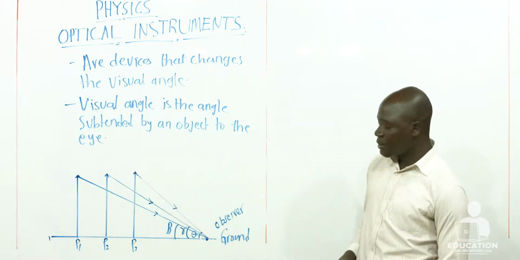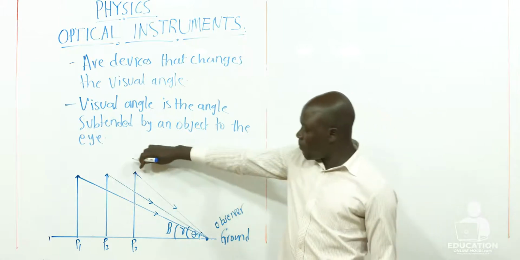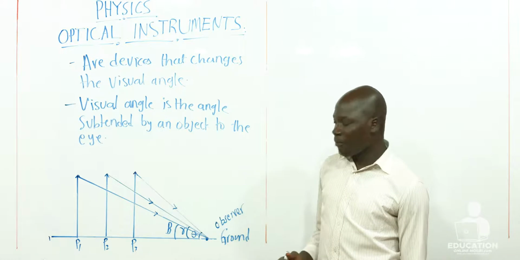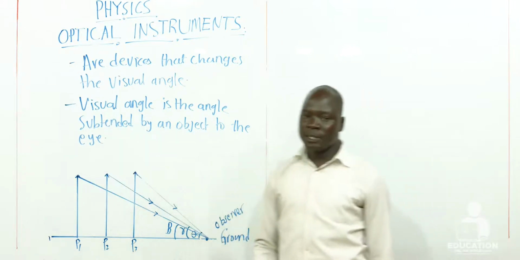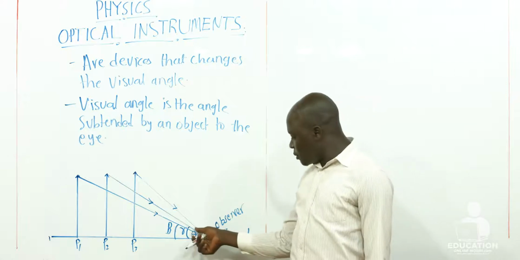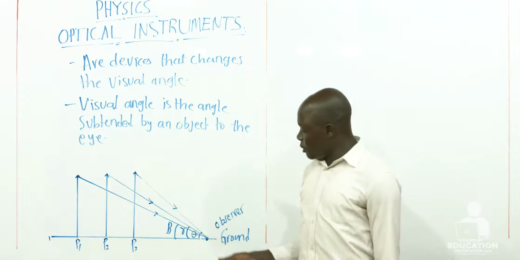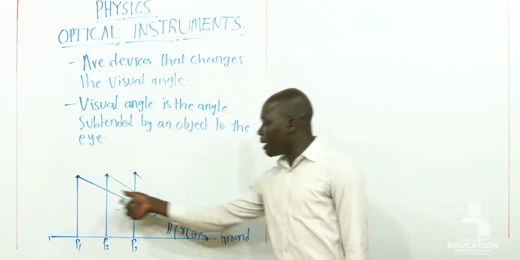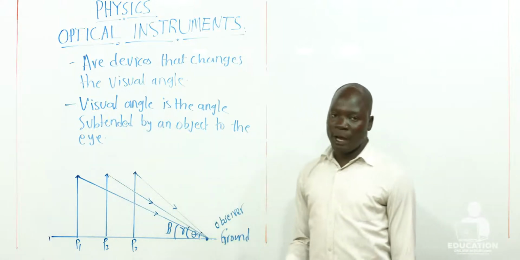So now, dear learners, what we are going to observe at this point is that the object which is very close to the observer will appear bigger than the object which is far away from the observer. Now, these angles from which we view these objects, or the angles which are subtended to the eye of the observer by these 3 different poles, is what we call the visual angle.